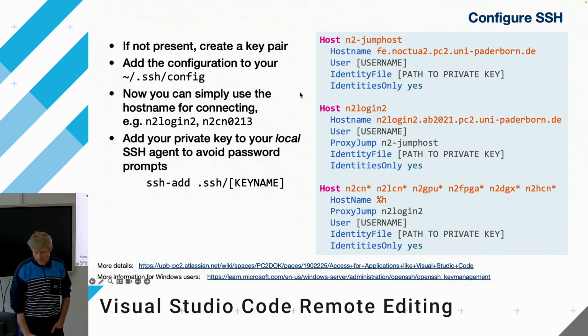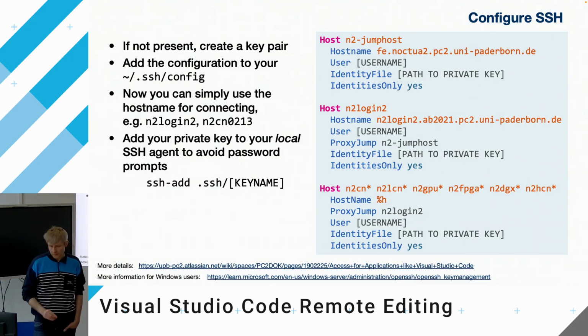Now, how to configure SSH? We have the details in our user documentation. Basically, you need to be able to directly connect to one of the login or compute nodes using the proxy jump feature to jump over the FE jump host. So in this case, you decide on one login node. Please don't use the first one. If everyone uses the first one, your load will not be distributed, because we have multiple login nodes, as you know.